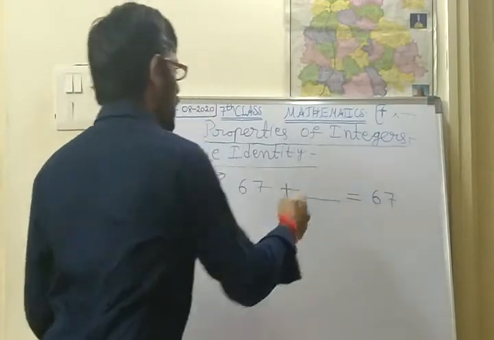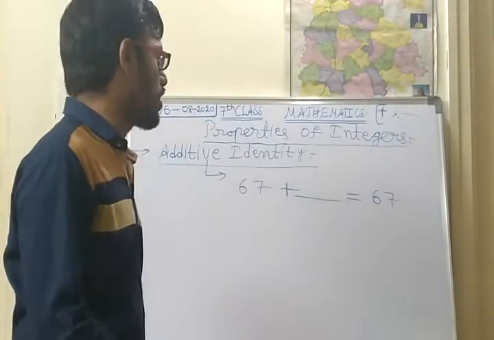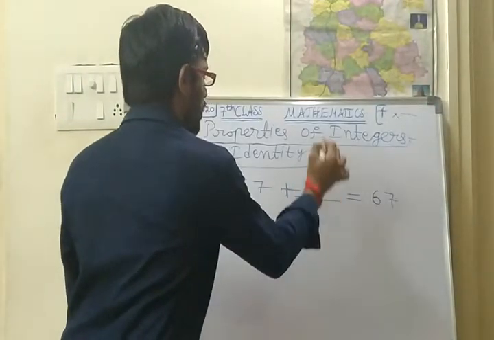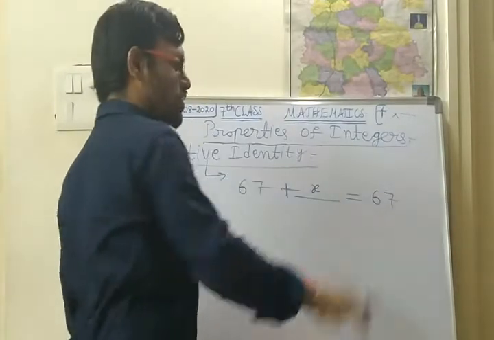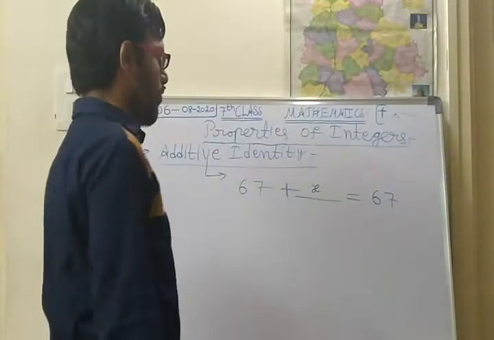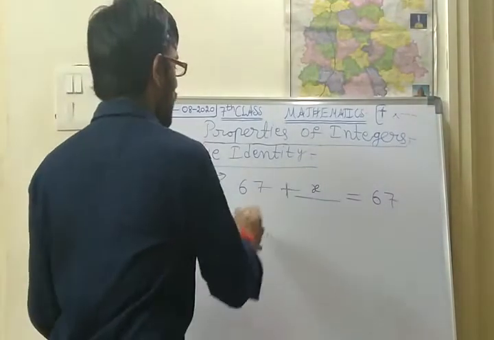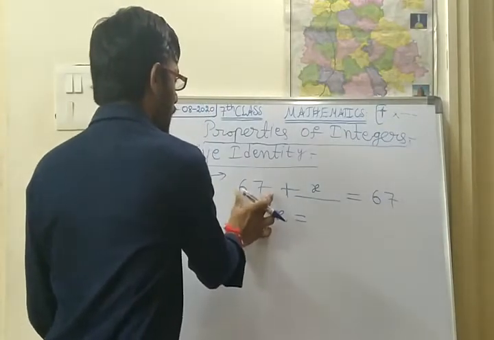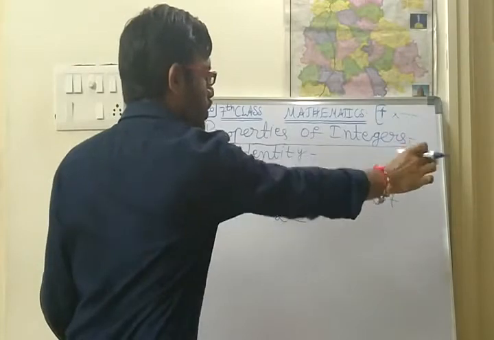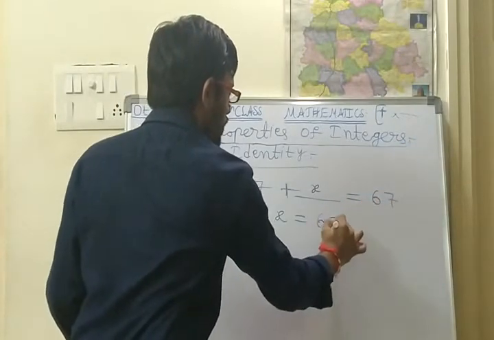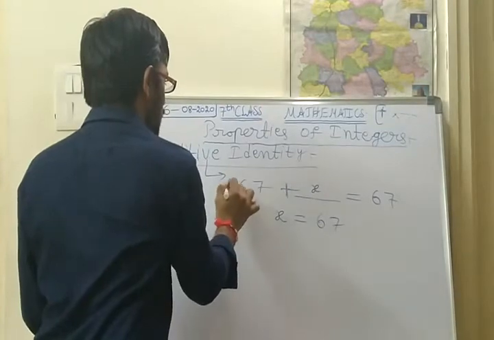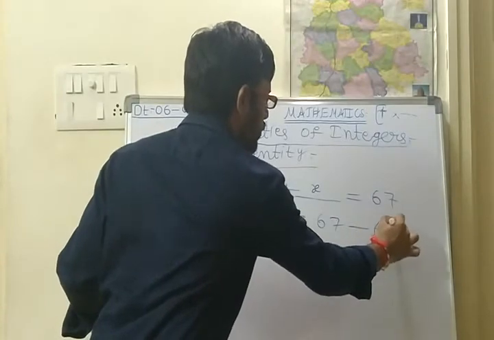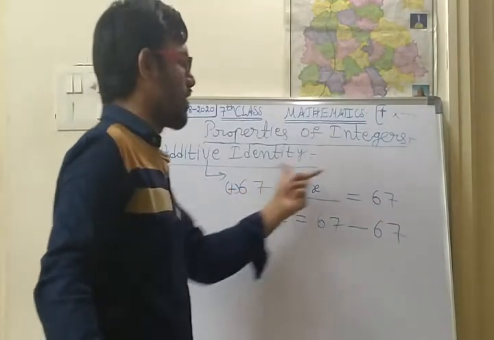You can solve this by the method of simple equations. 67 plus x is equal to 67. Find x. So x is equal to, taking 67 to the RHS part, plus 67 becomes minus 67 after going to that side.